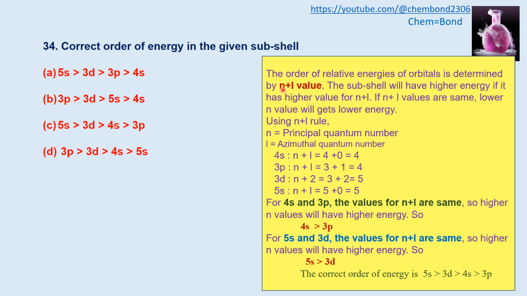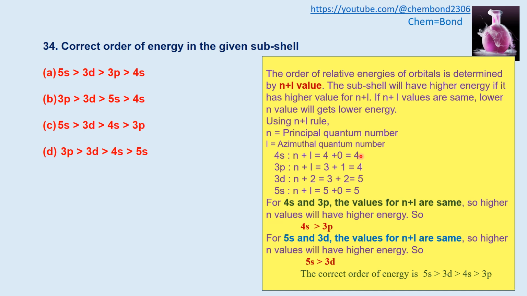A lower n plus l value means lower energy, and a higher value means higher energy. If the n plus l value is the same, we look at the principal quantum number n. Here four orbitals are given, and we find the n plus l value for each.